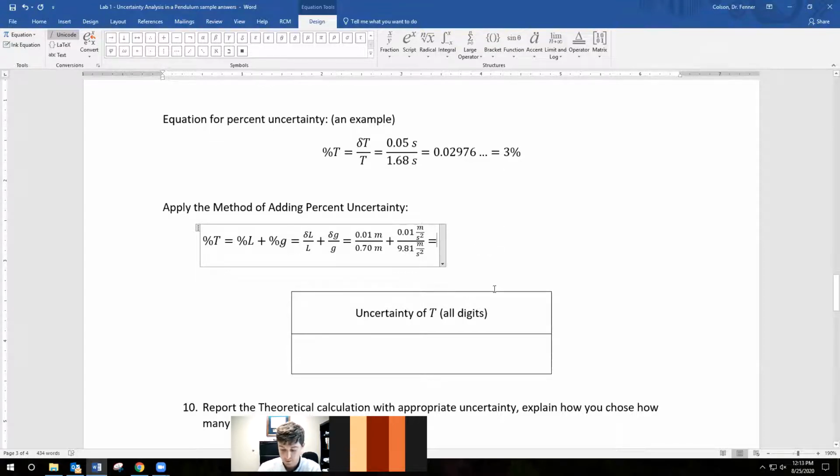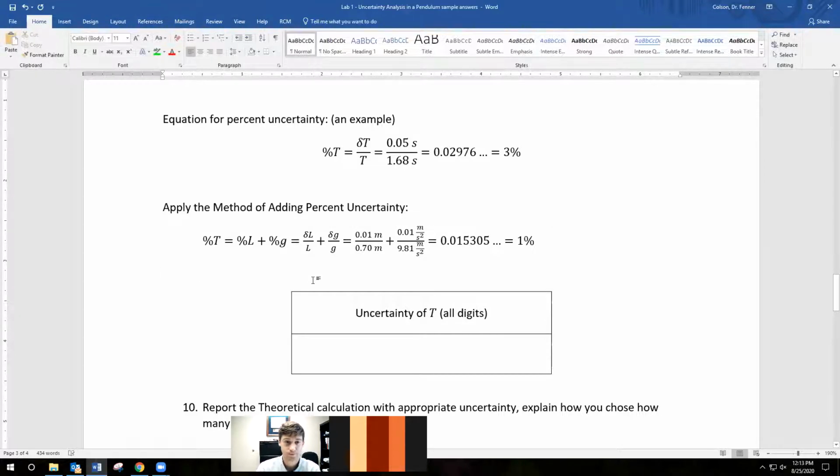If you do all of those numbers, you'd have a large number of digits that you could potentially keep, but we'll just round to one significant figure, which would just be 1%.